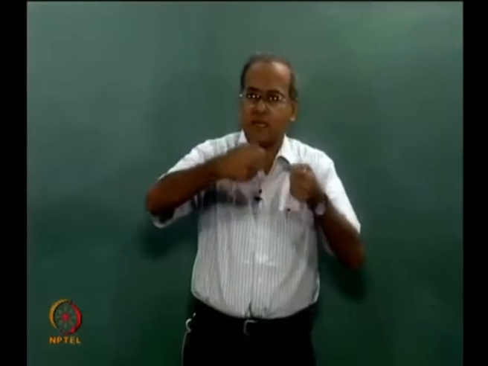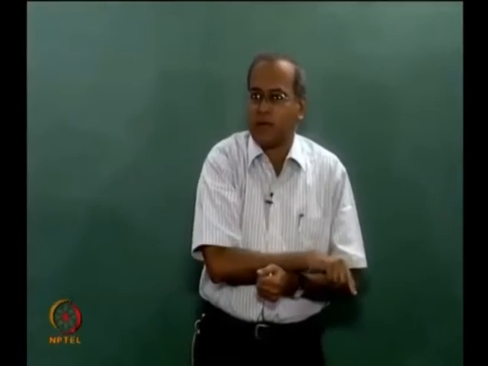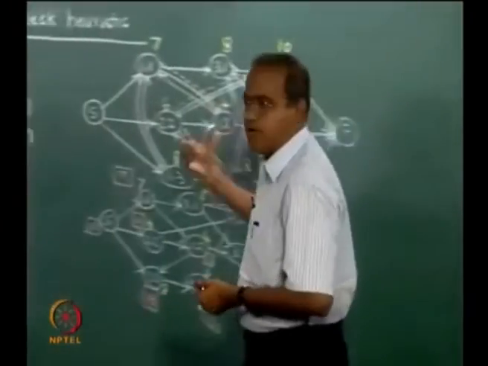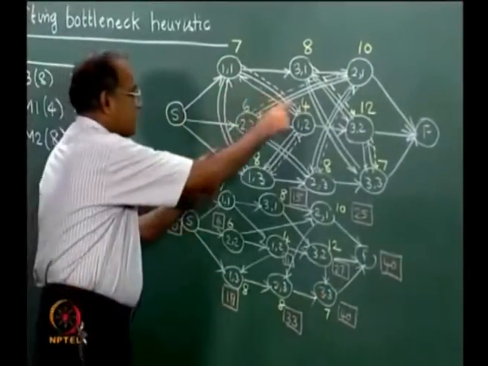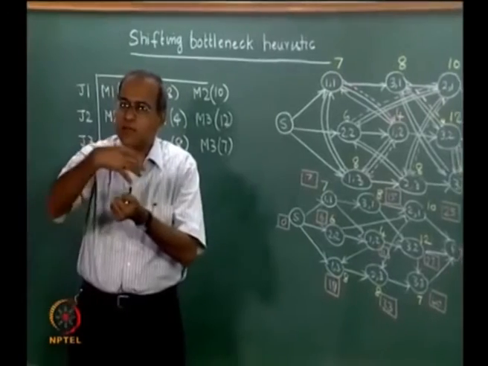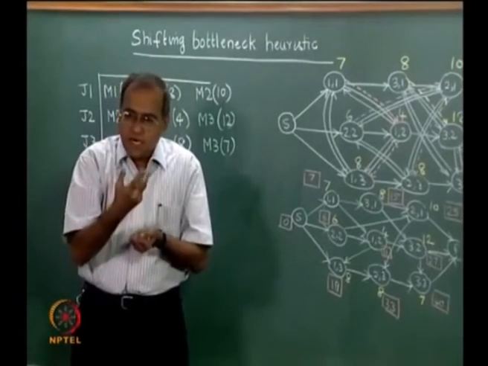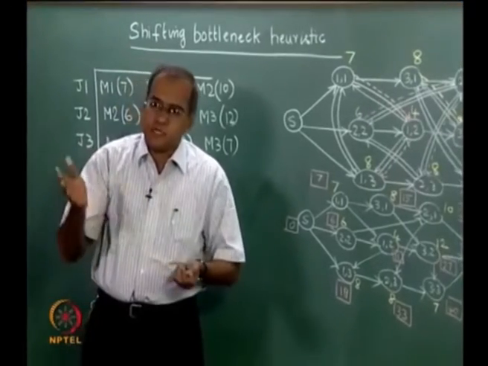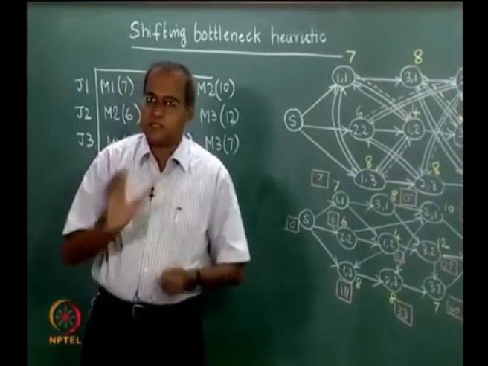For every such given order there will be a make span. So what we try to do is we try to get that order by looking at these arcs and trying to find out what is the best arc that we use. Each arc that we use represents an order in which the jobs are going to be processed on the machines.